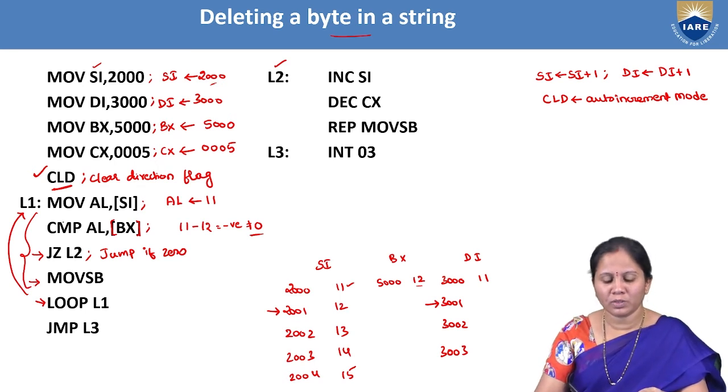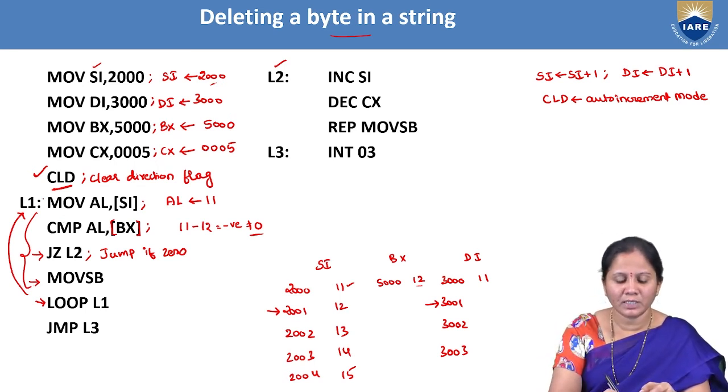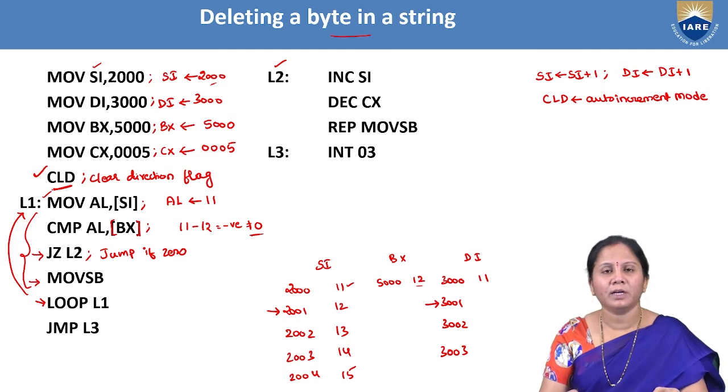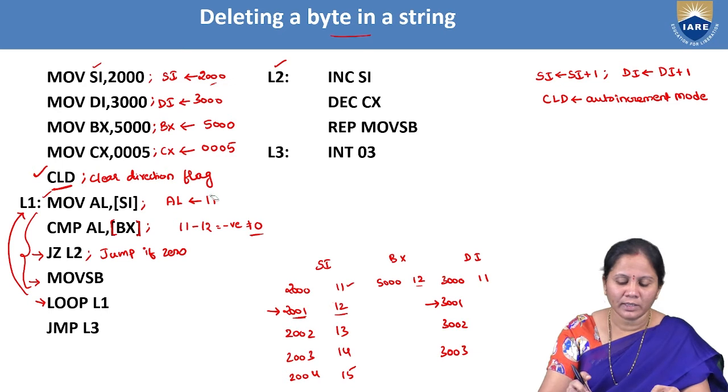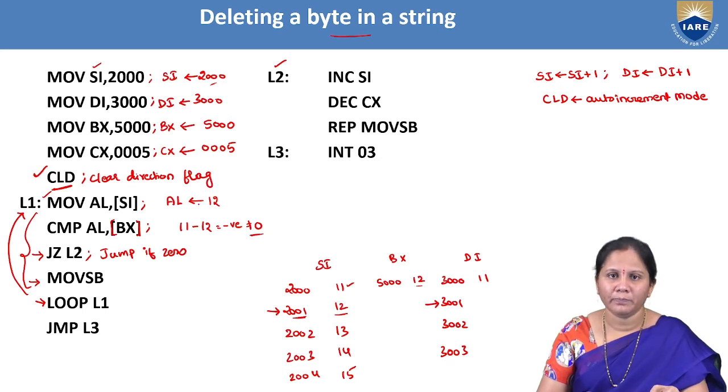If the control goes to the label L1, here we can see the instruction move AL comma content of SI. Now the value of SI is 2001, and the content present in 2001 is 12. So the value 12 will be moved into AL.